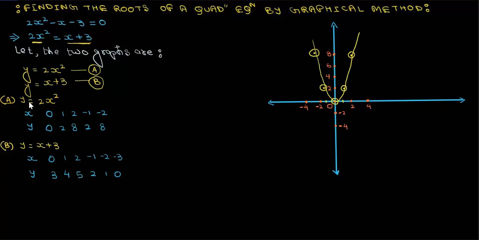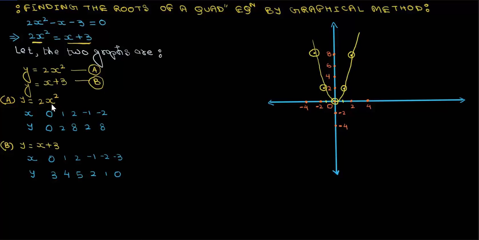So let's plot y equal to 2x square. We know this will represent a parabola, and this parabola will always pass through the origin. Think why. So for this polynomial equation, we have corresponding x and y: 0, 0; 1, 2; 2, 8; minus 1, 2; minus 2, 8. For 0, 2 into 0 square is 0.